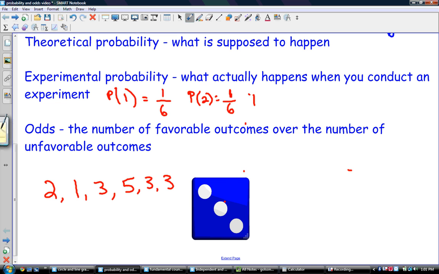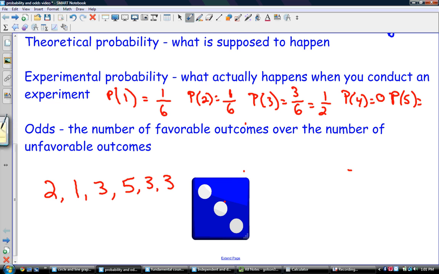But here it's different. The probability of getting a 3, I've got 3 of them out of my 6 rolls, so that probability is actually 1/2. I never got a single 4, so that probability is 0. Probability for a 5 matches the theoretical.